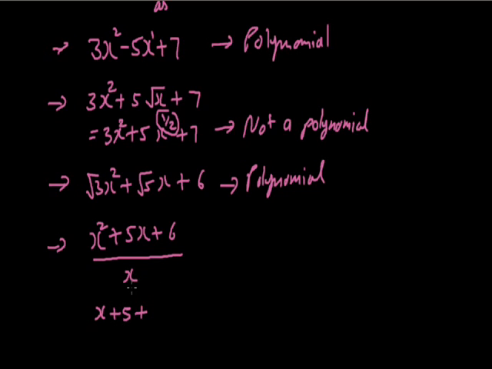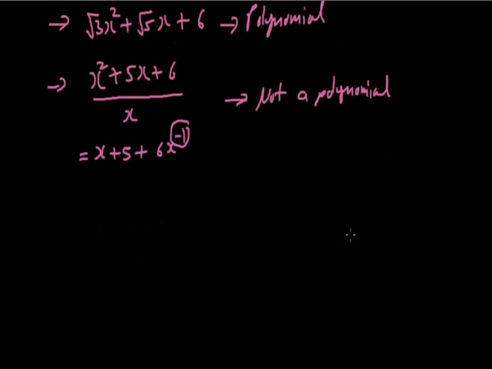Now when 6 is divided by x, the x shifts upward and becomes a negative power. So the expression becomes x plus 5 plus 6 x raised to the power minus 1. Here the power of the variable is negative, so it is not a polynomial.